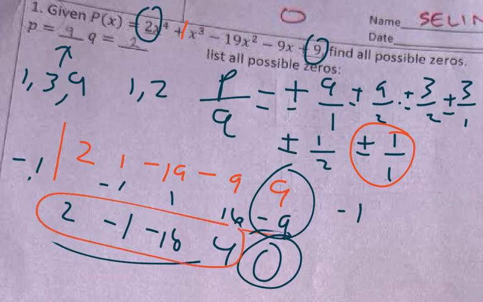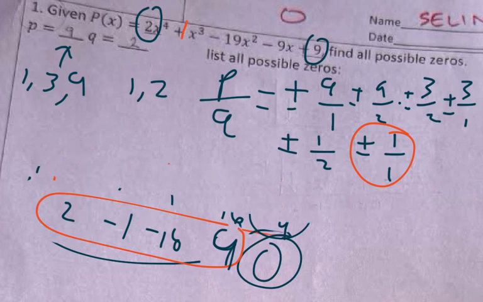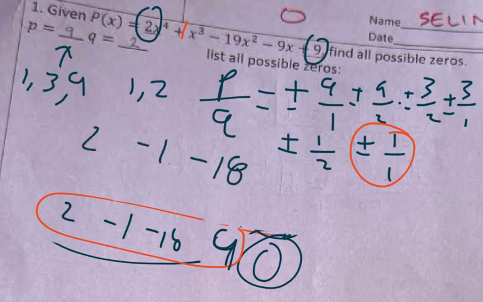Okay, so let me just make sure that was a 9, right? Hopefully my writing is neat enough that I don't screw myself up. So now, instead of doing the whole polynomial, I'm now just doing 2, negative 1, negative 18, and 9, because that 0 already took care of one of my x's, so to speak.